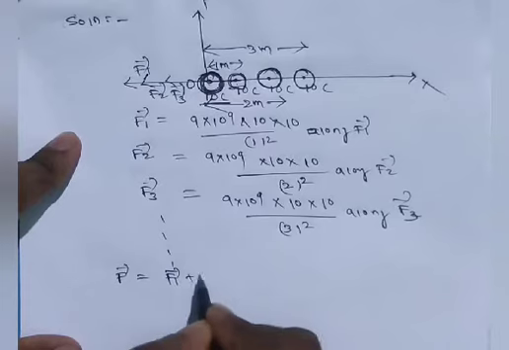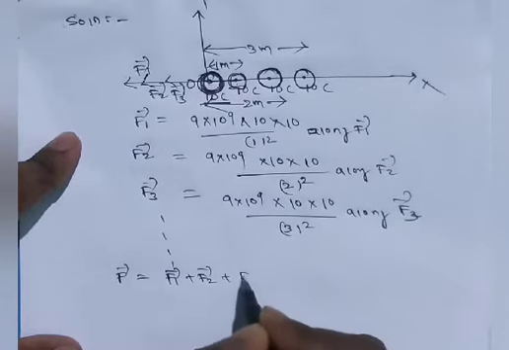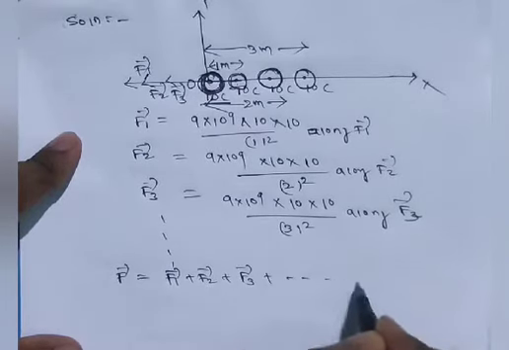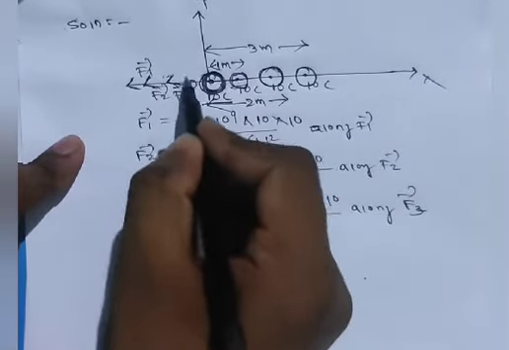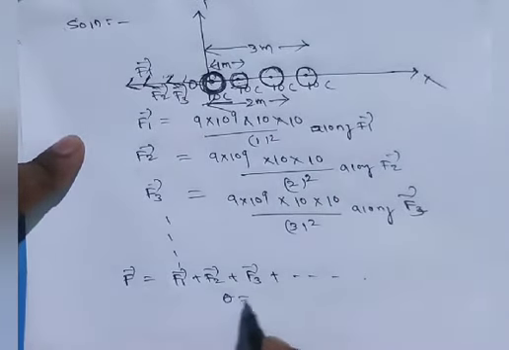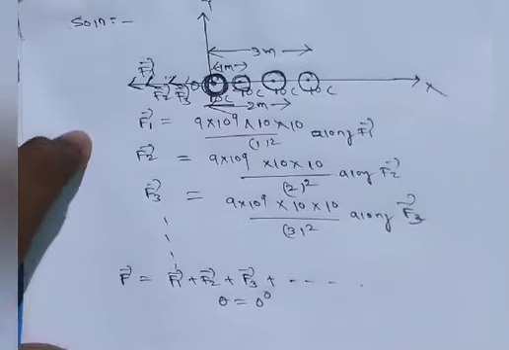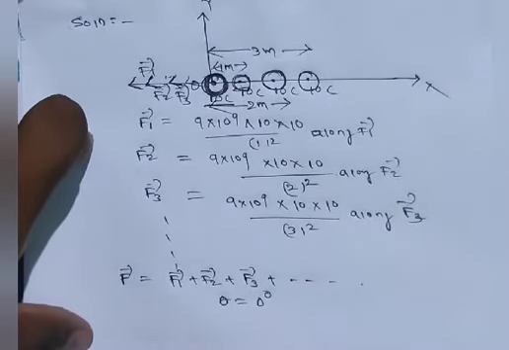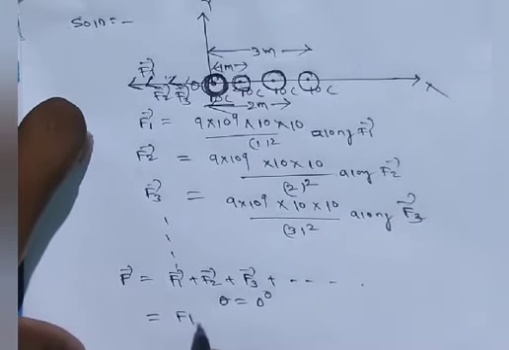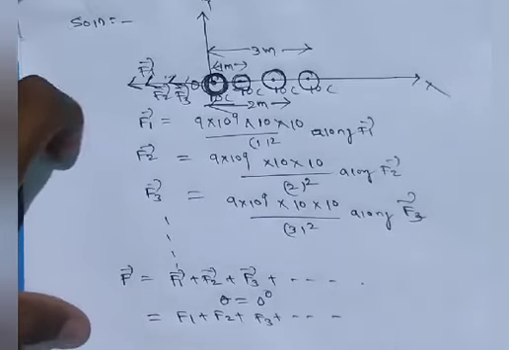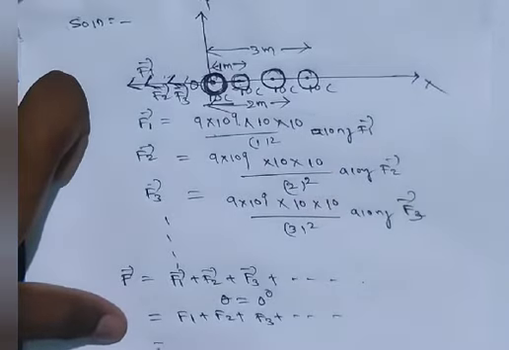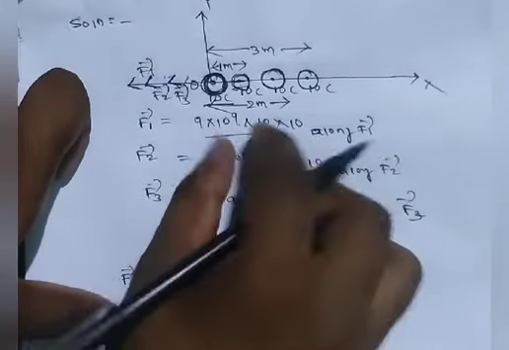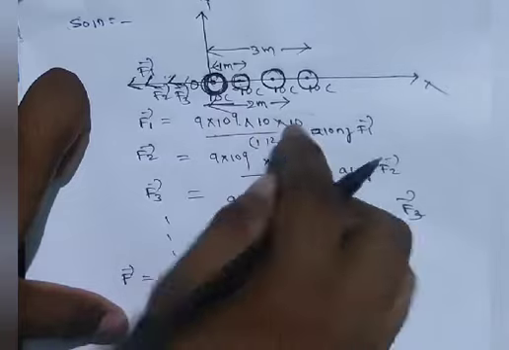So the resultant force will be the vector sum of the individual forces. All the forces are directed along the same direction, which means theta equal to 0 degree. For theta equal to 0 degree, the resultant force will be simply the sum of all the individual forces. So we will add all of these. Common will be 9 into 10 to the power 9, 10 into 10.